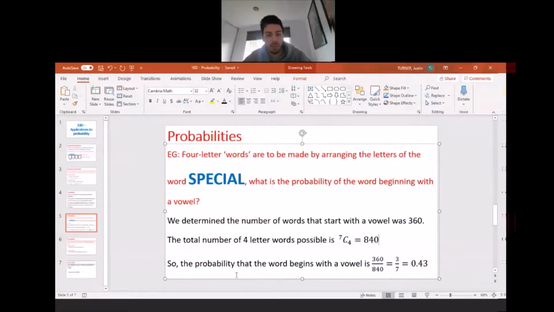So the probability that you would create a word that actually begins with a vowel is the number of words that start with a vowel, 360, divided by the total words you could make. And that turns out to be 3/7, or you could write it as a decimal. I usually tend to go to 2 decimal places, 0.43.